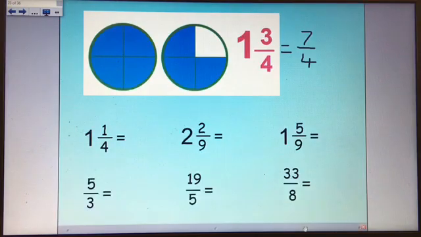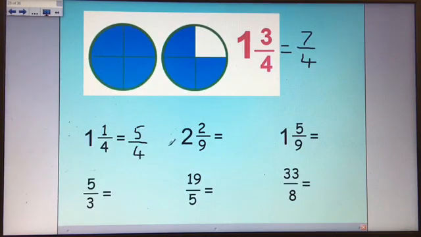So we've got some improper fractions here now. If you want to pause and have a go at turning these into the other one, then go for it. If not, I'm going to go for it now. Let's have a look at this first one. 1 times 4 is 4. Add the 1 makes 5 quarters.